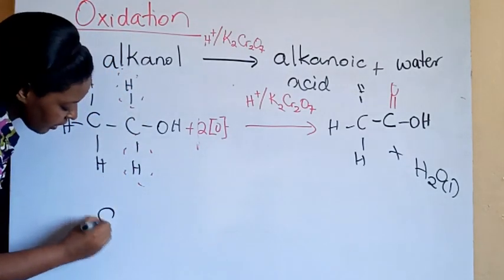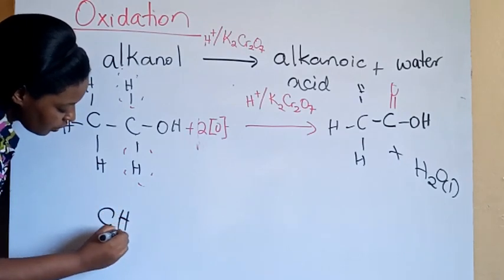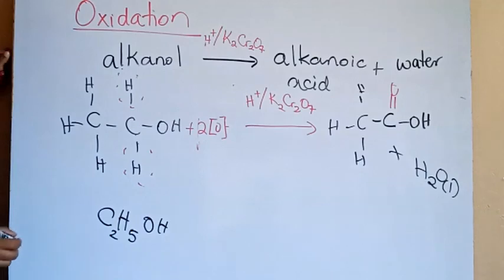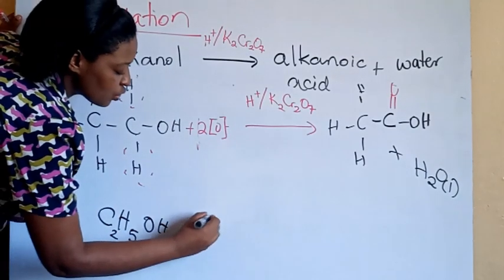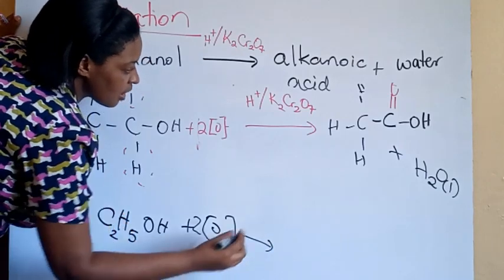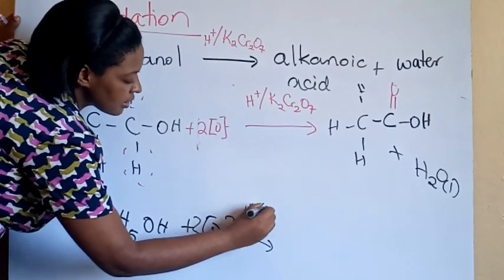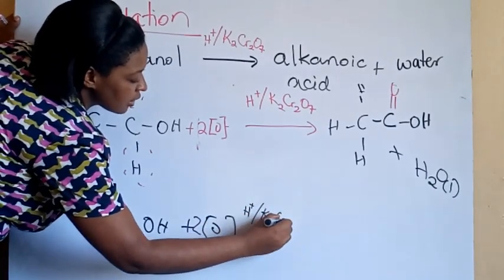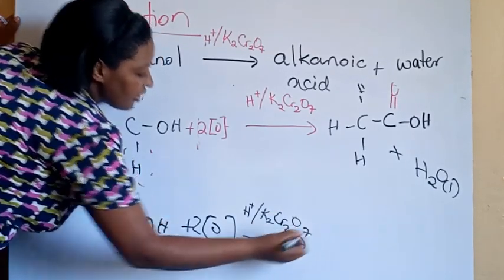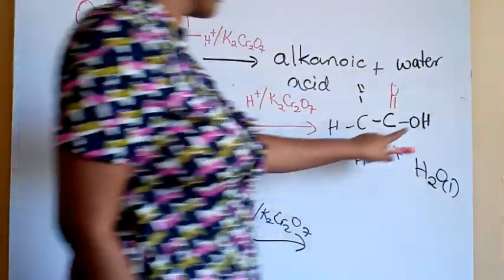So let's look here. In this scenario, we have C2H5OH, and we're reacting it with 2 free oxygen in the presence of K2Cr2O7. And when we do that, we are going to form this functional group.